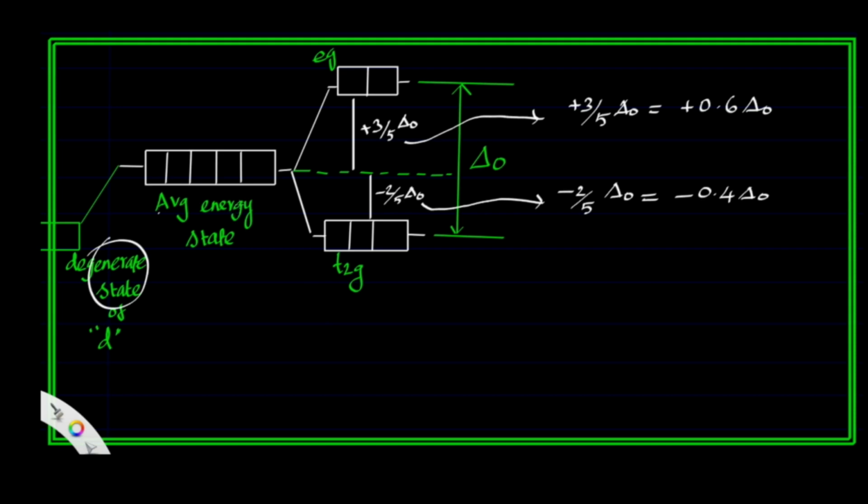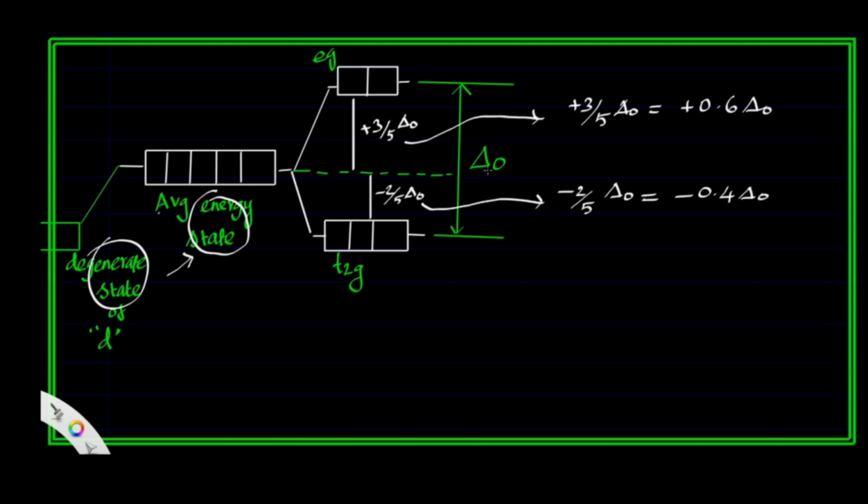On approaching a symmetrical ligand field, the d orbitals go to the average energy level. After that, with the ligands further approaching along the axes of the d orbitals, the Eg set has higher energy and the T2g set has lower energy. The energy gap between the Eg and T2g sets is known as delta O. O means octahedral structure.